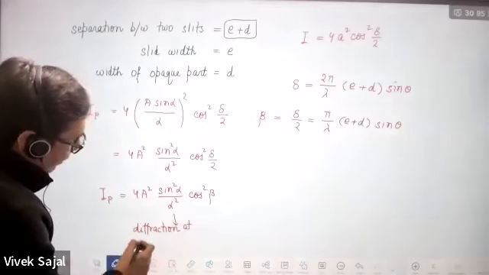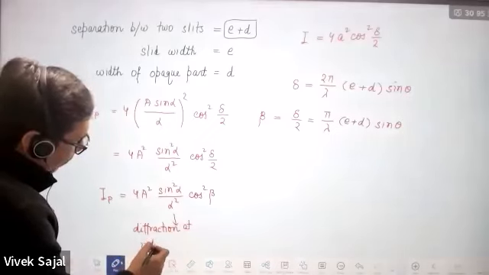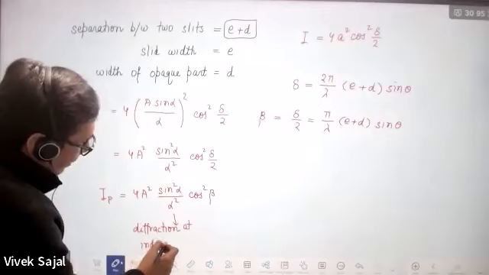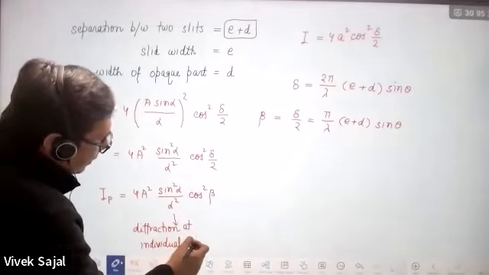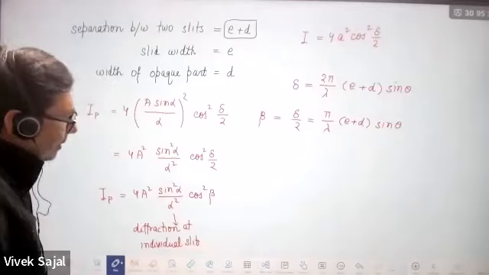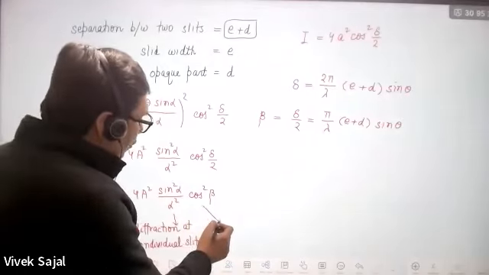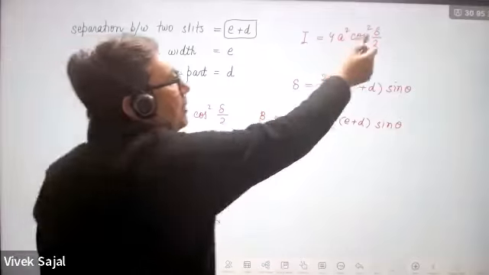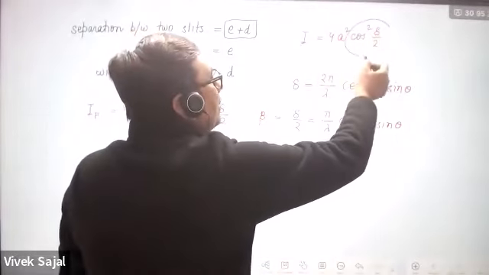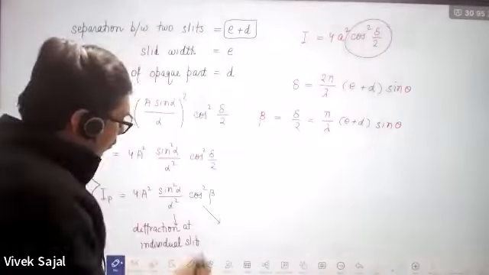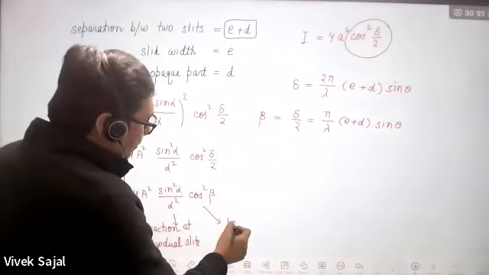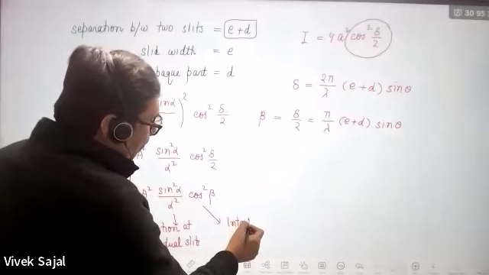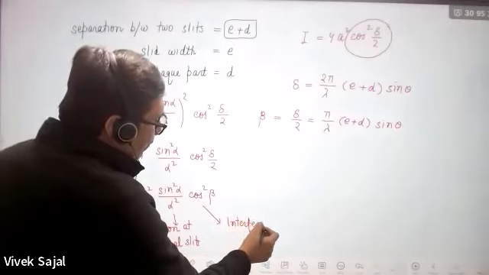And this cos square beta, where is it coming from? This is coming out from the interference experiment. So cos square beta is representing interference.